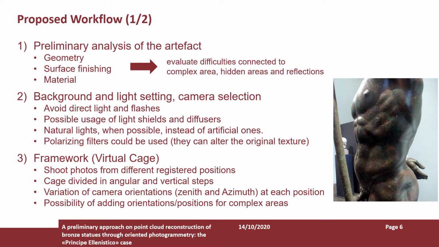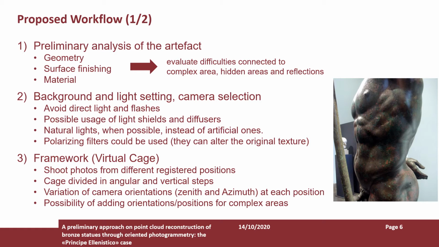Then, background and light are set, and the camera and its focus are chosen. We have to take care of avoiding direct lights and flashes, thinking also about the possible use of light shields and diffusers. Anyway, for this kind of system, natural light is always to be preferred to artificial light when possible.